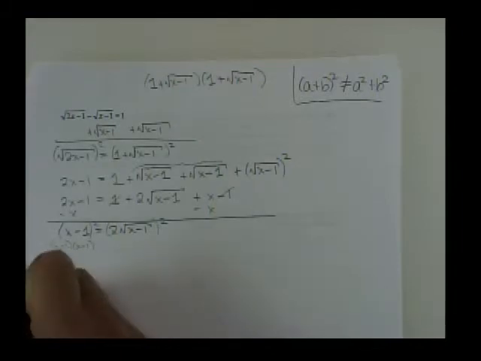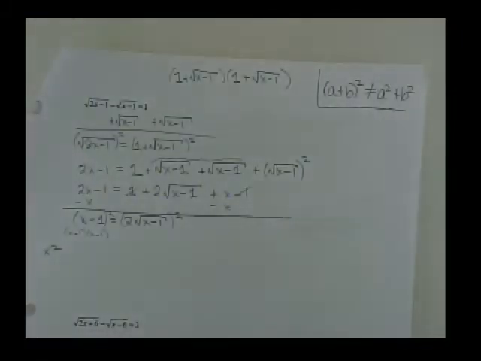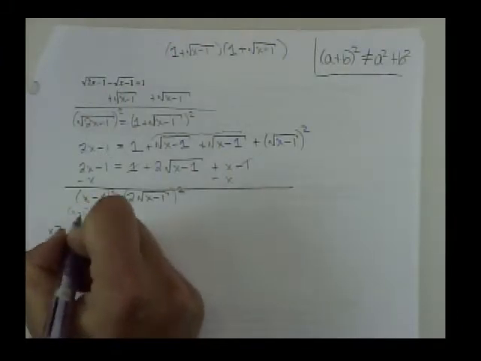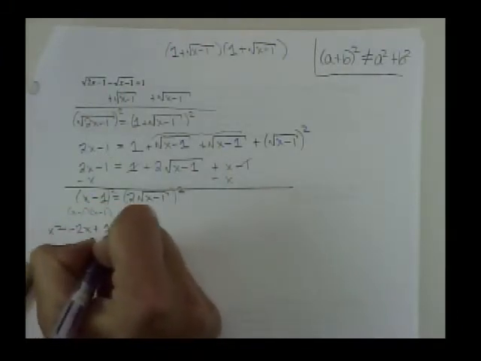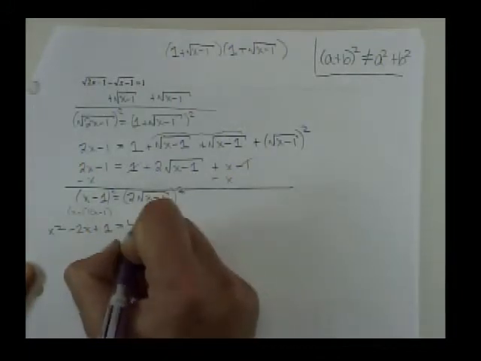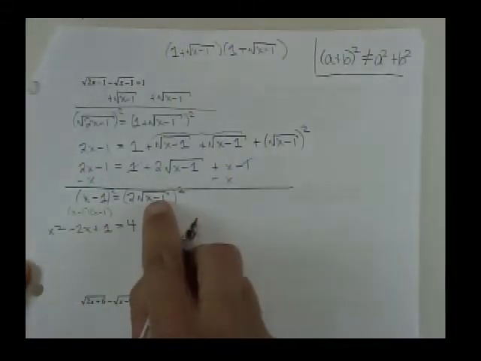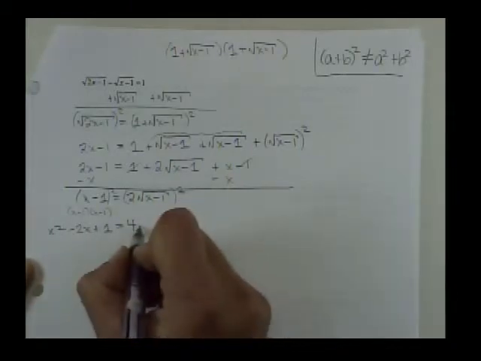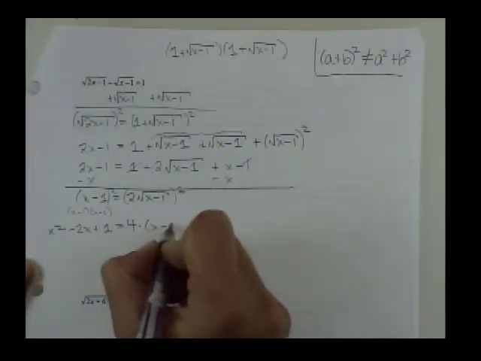So first times first is x squared. What do we get when we combine outside and inside? Negative 2x. And negative 1 times negative 1 is positive 1. And 2 squared is 4. And the square root of x minus 1 squared? X minus 1.